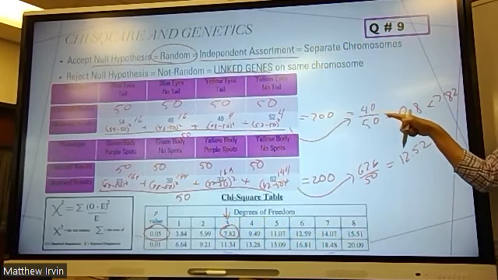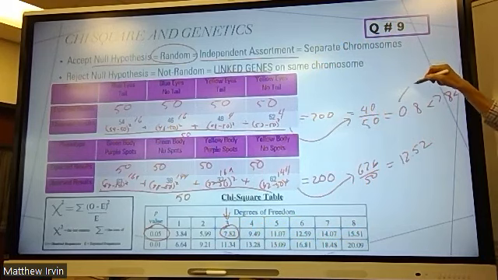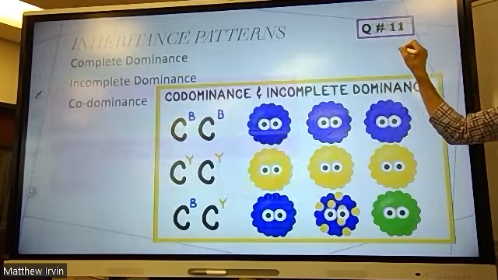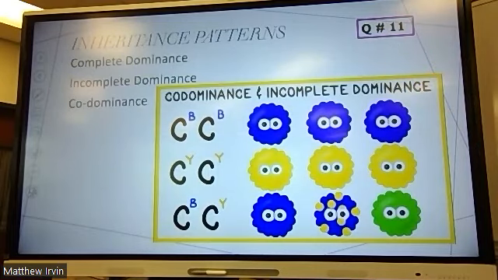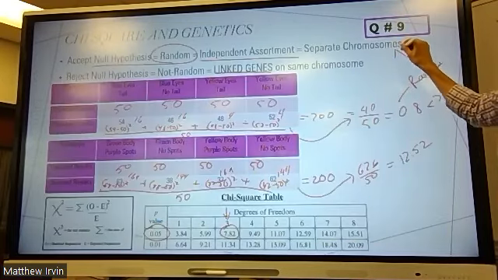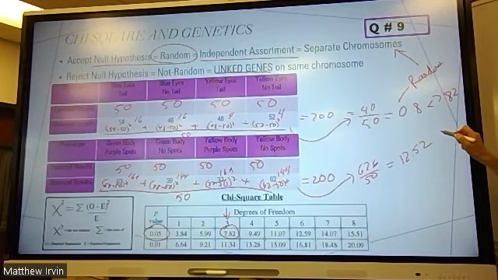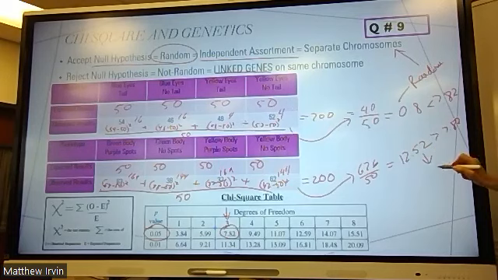So this one is random, so that would be independent assortment. And this one is greater than 7.82. So this would show we reject the null hypothesis, and this would show linked genes.